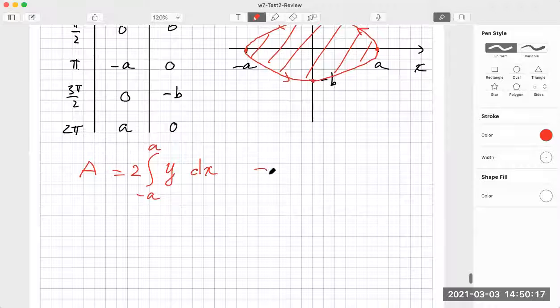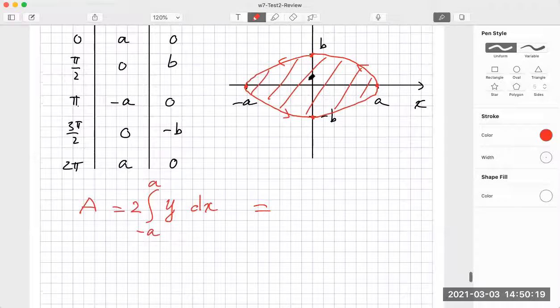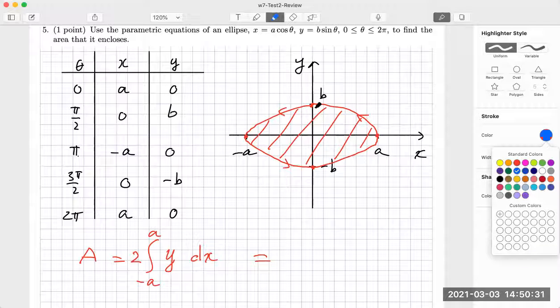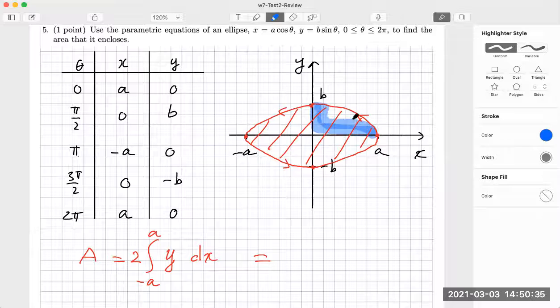Or, it is also symmetric in the upper part here. We can compute from the blue area, right?